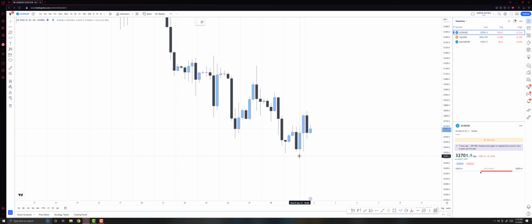So can I now look for a sell? Even though the overall trend is a sell, internally on the 4 hour we have a lower high, lower low, and then a higher high, and probably a higher low here. So internally we have an uptrend. For me, looking for a sell here is not a good idea. I need to wait for the market to start going back into a downtrend.